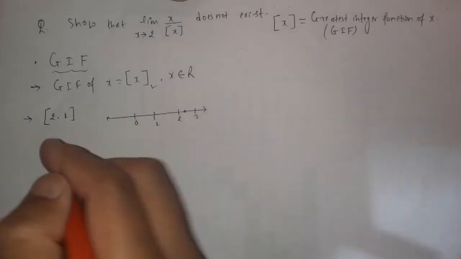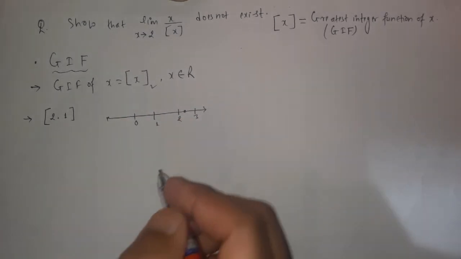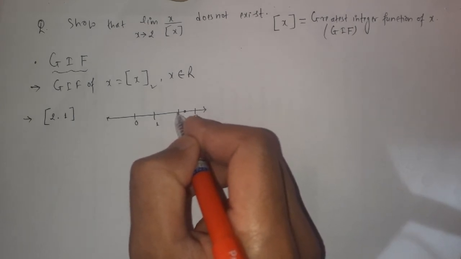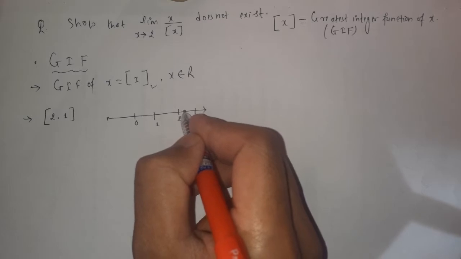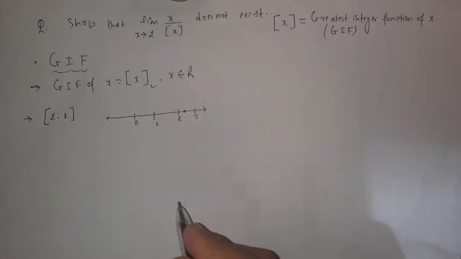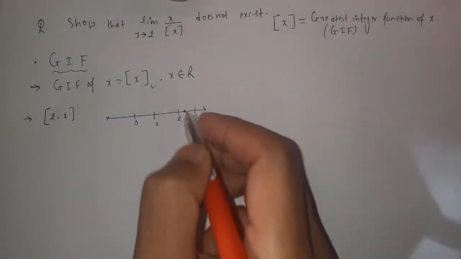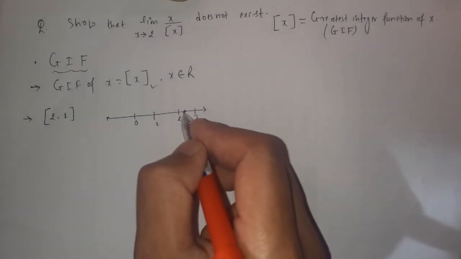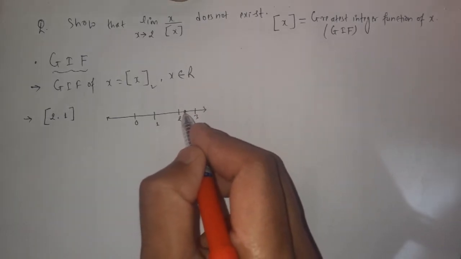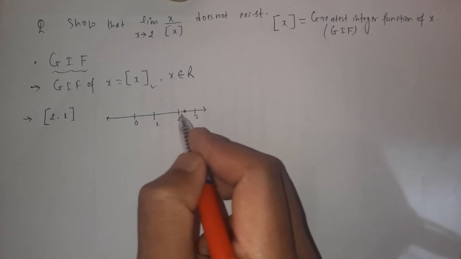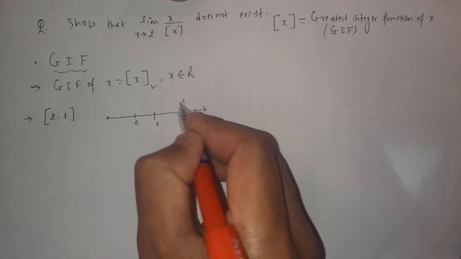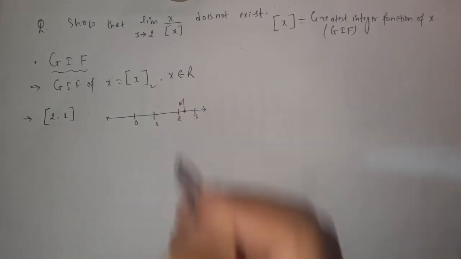The greatest integer of this 2.1 is the neighborhood value of this number, and the value should be an integer. The integer very close to this number 2.1 should be located on the left hand side, and the left hand nearest integer is just 2.